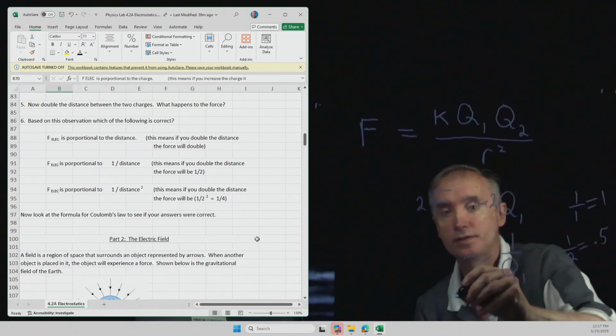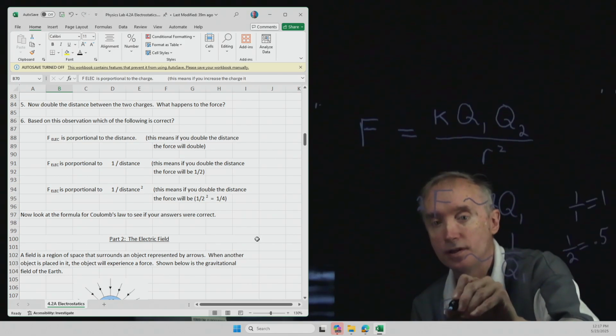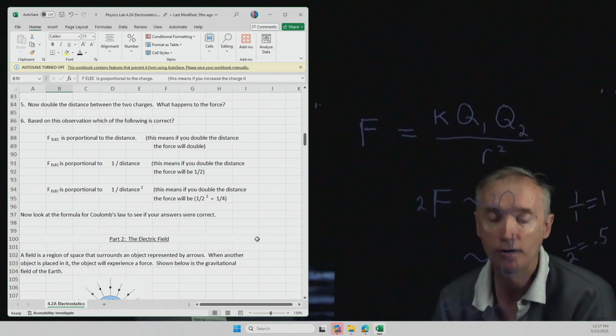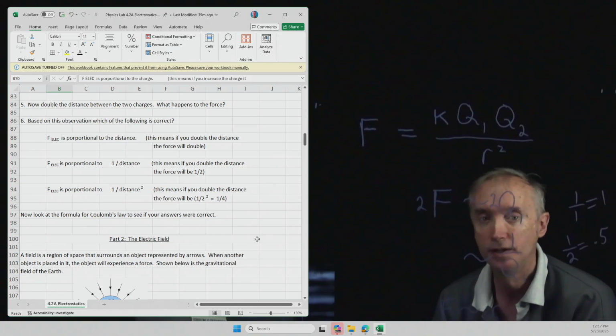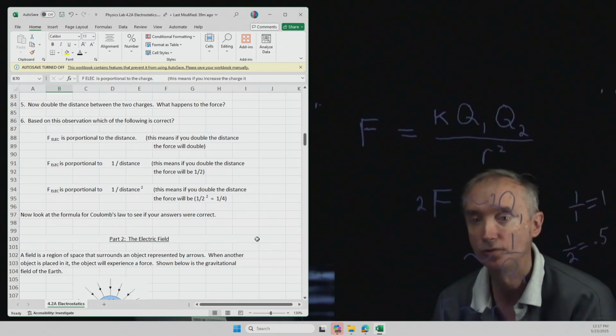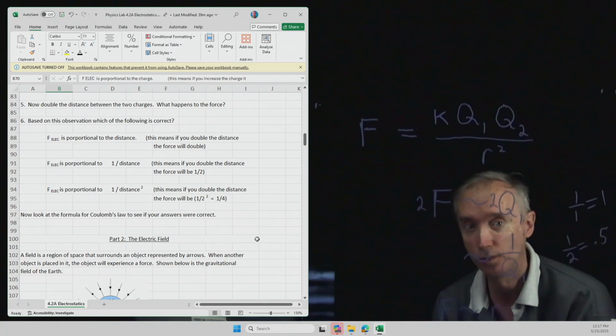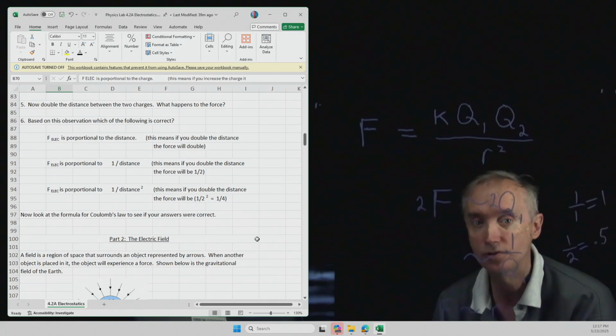So this one would be saying that the force is proportional to R. So we're going to use the letter R to represent distance. The second one is saying, is the force proportional to 1 over the distance? And then the third one says, is it proportional to 1 over the distance squared?